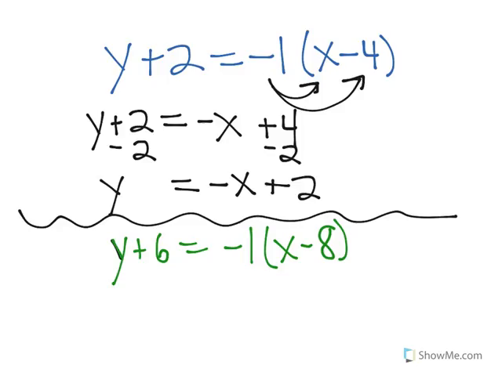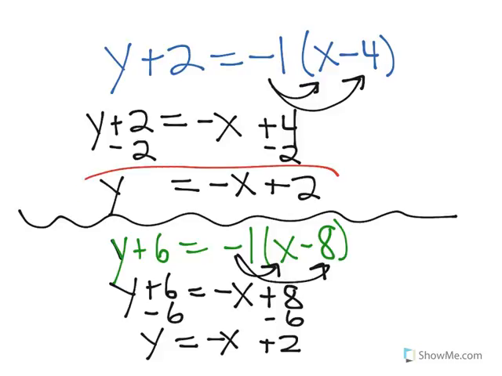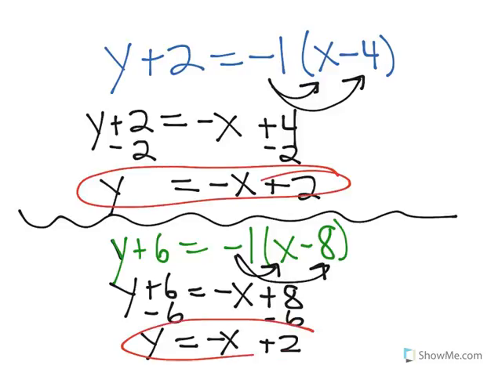And we'll distribute, like we did before, the -1, and our new equation becomes y plus 6 equals -x plus 8. Let's subtract 6 from both sides, and we come up with y is equal to -x plus 2. In either case, we end up with the exact same slope-intercept form.